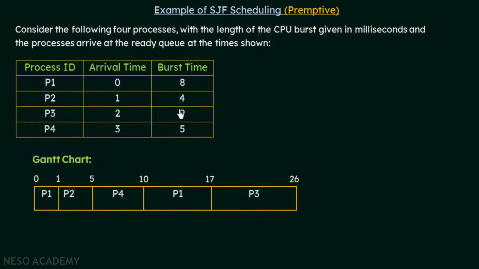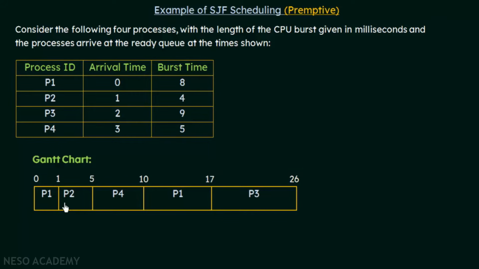So among P2 and P1, P2 has the lesser burst time. So what will happen? P1 will be preempted. That means P1 will be removed from here. The CPU will be taken away from P1 and be given to P2. So at time 1, P2 arrived, and since the burst time is less than that of P1, which was already using the CPU, the CPU was taken away from P1 and P2 got the CPU.